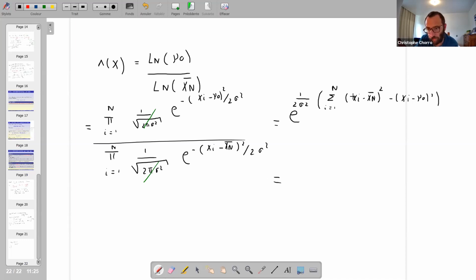I can continue my computation because I have here a square minus b square, so I obtain this one minus this one, and this one plus this one.